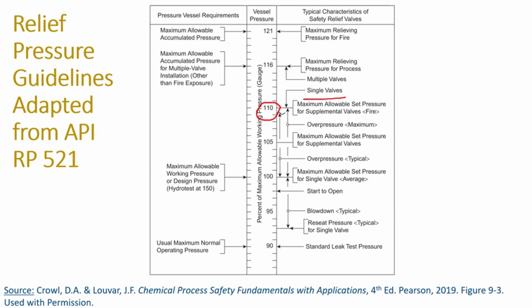That's the set pressure for fire exposures as a percentage of the MAWP. Finally, for supplemental relief devices, the maximum allowable set pressure for those supplemental valves is 105% of the maximum allowable working pressure. So again, these are some definitions of some important maximum pressures that cannot be exceeded as defined by API Recommended Practice 521.